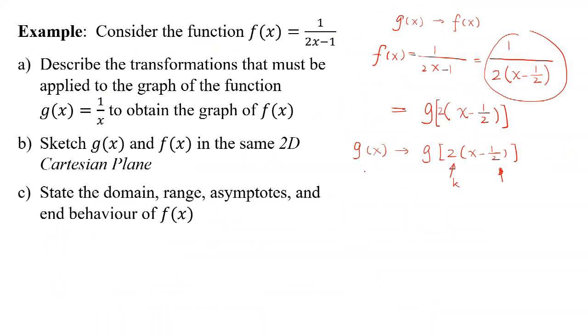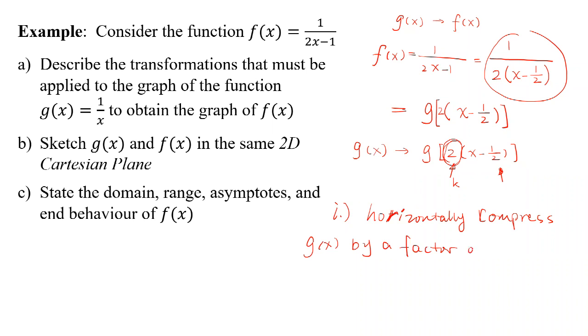Okay, so what are the transformations? First of all, if you have a parameter k here, we do this first, right? So first of all, we need to horizontally compress g(x) by a factor of 1 over 2, right?